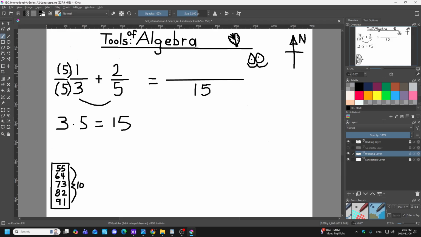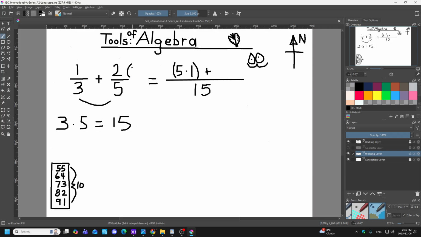Okay, so what I end up with on the top is 5 times 1 plus, same thing here, I have to make this denominator 15.